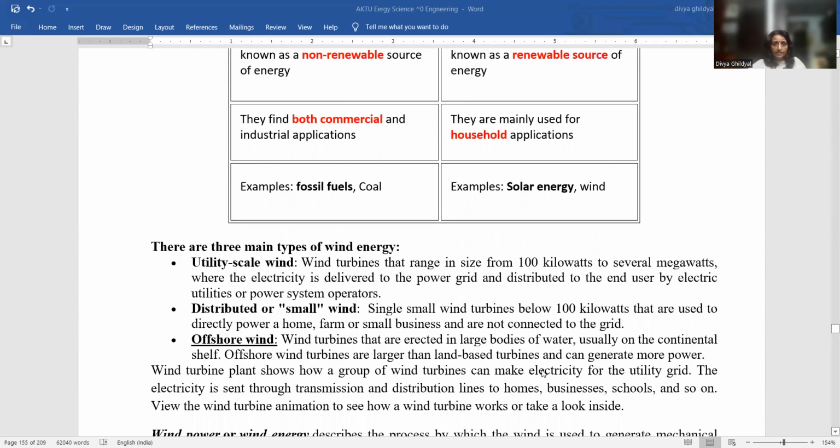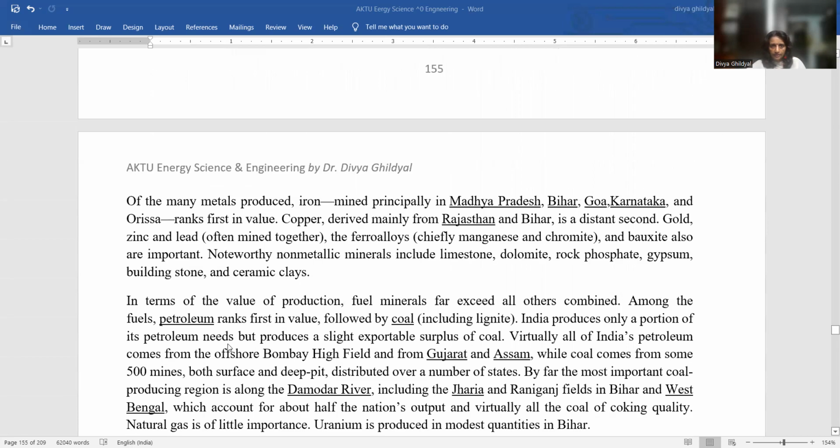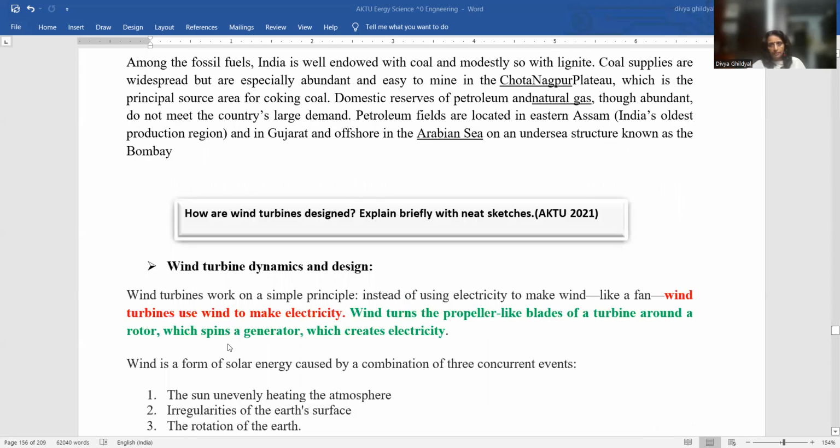Now, wind energy is mainly of three types: utility scale wind, distributed or small wind, and the offshore wind. This wind power, or wind energy, we will discuss again with wind turbines. This question has been asked in the AKTU 2021 paper.